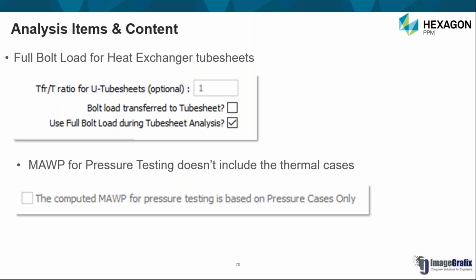The concern was that earlier it was including the thermal cases as well. Now they have given you a checkbox that allows you to control it very specifically. If you don't want the thermal cases included in your MAWP for the test condition, you can check this box, so it will be based on your pressure cases only. Okay, so this has been added.